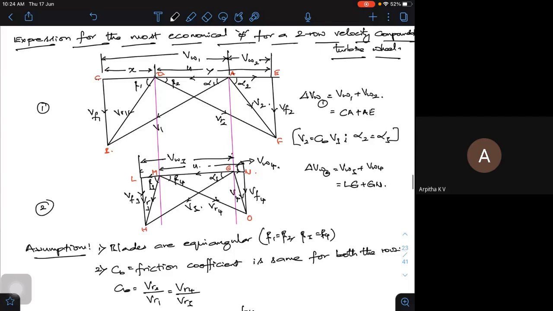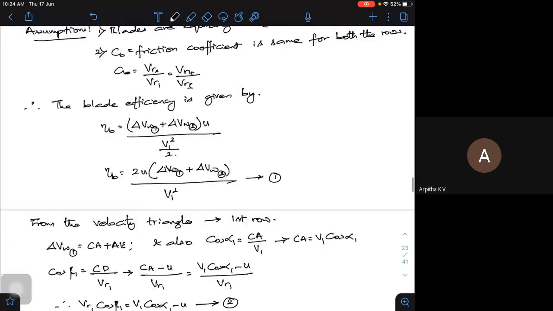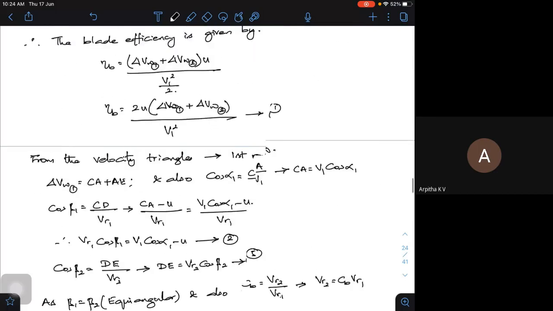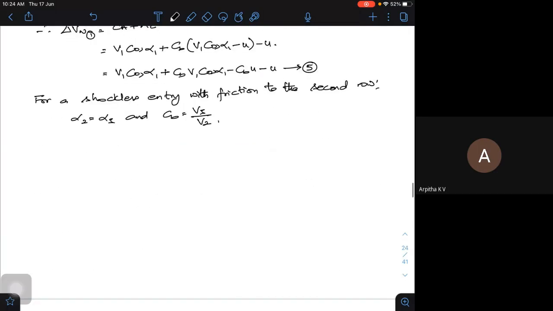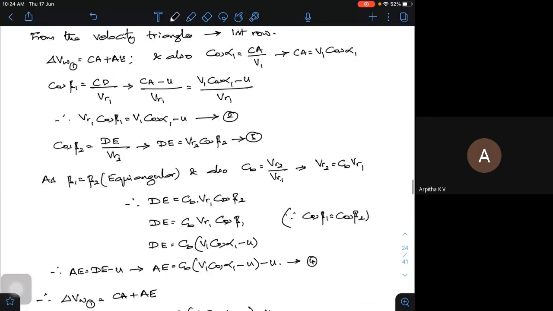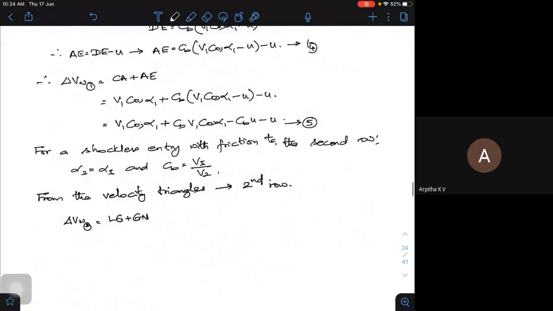So therefore, from the second row of this particular thing, I can write from the velocity triangles for the second row, delta VW2 is equal to LG plus GN. So let me call that the sum.